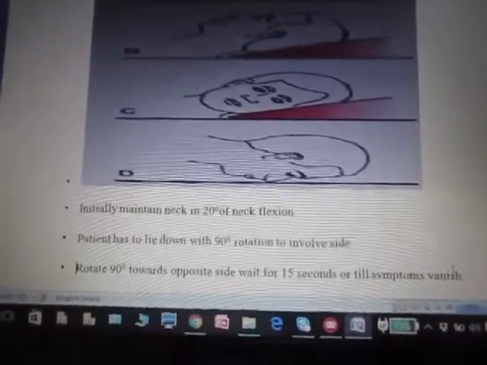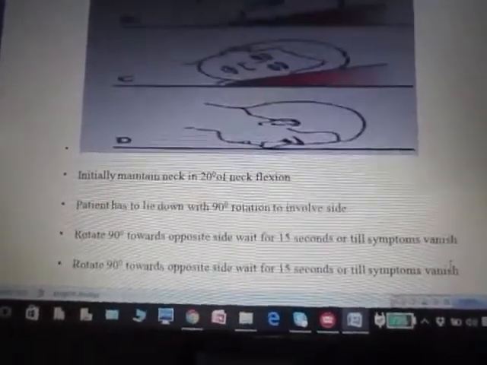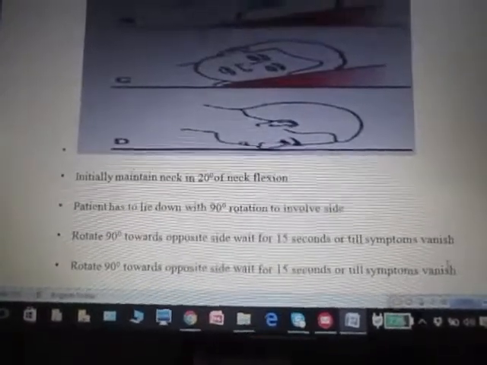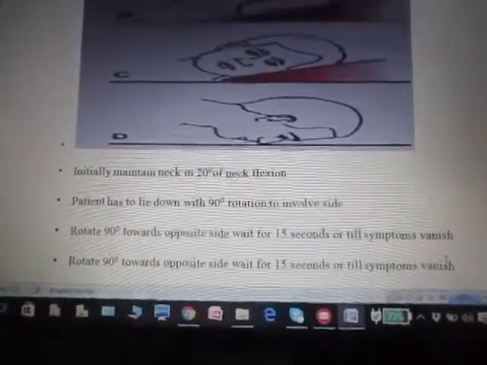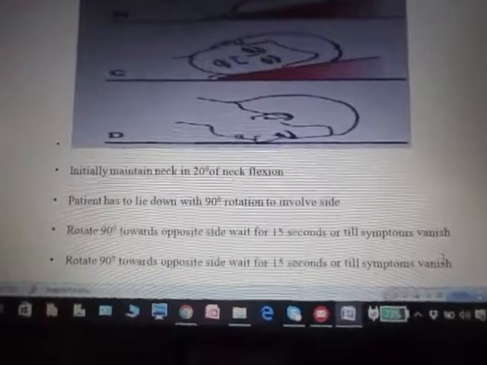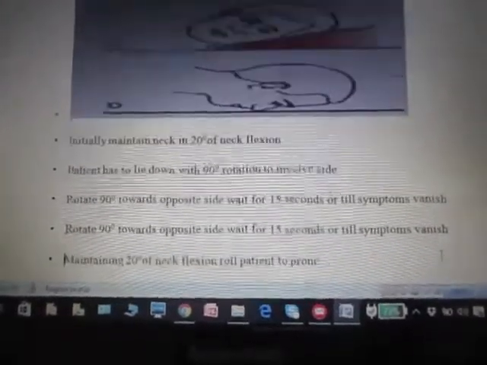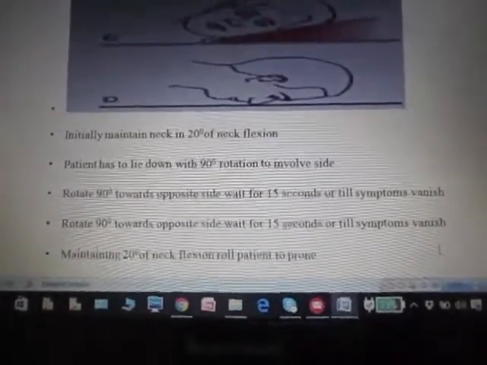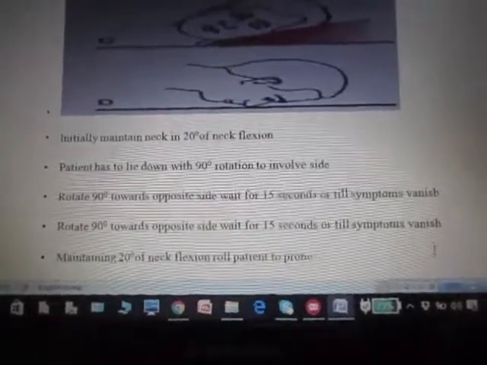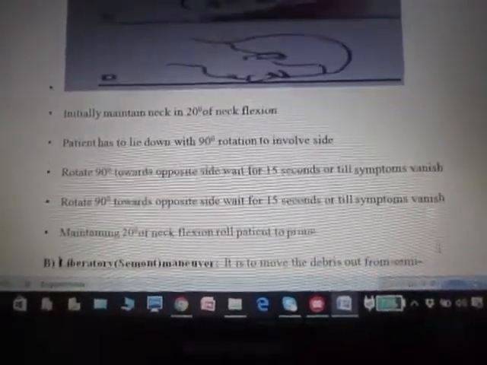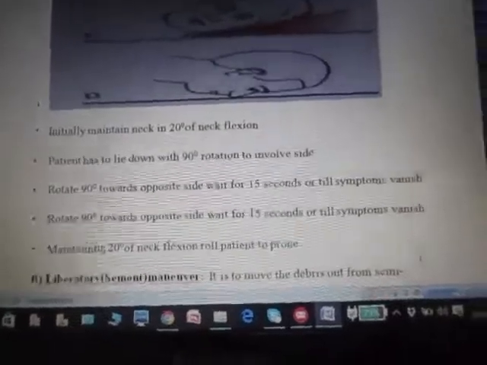Wait for 15 seconds or till symptoms vanish. Then rotate 90 degrees towards the opposite side again. Wait for seconds or till symptoms vanish. Maintain 20 degrees of neck flexion. Roll the patient to prone. So this is for horizontal semicircular canals.